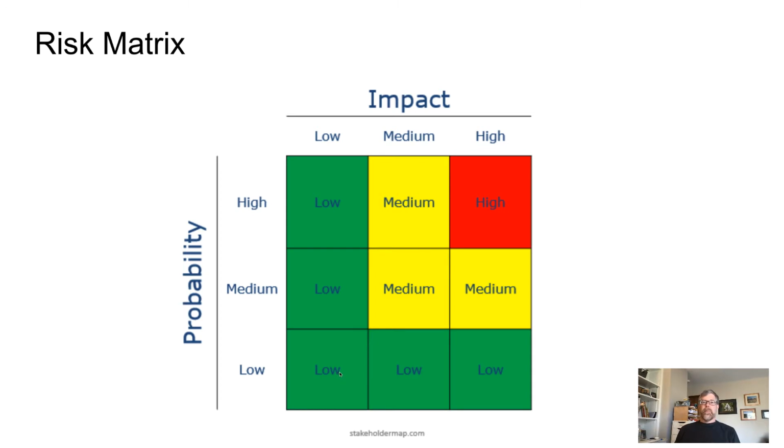But putting your Arduino in backwards is relatively low probability, but it actually has a pretty high impact. So maybe you don't necessarily have to mitigate against that, but it has happened before. So maybe the probability is actually medium instead of low.